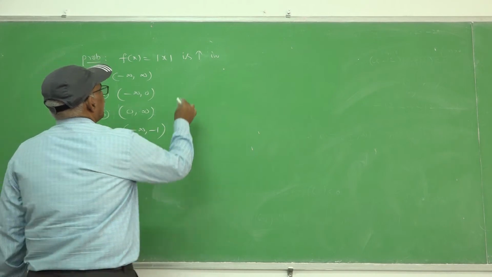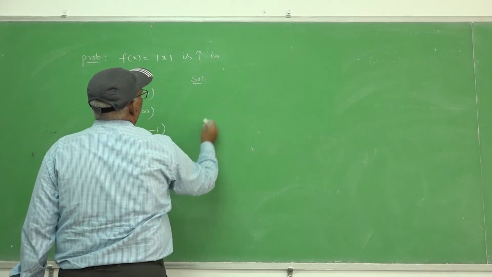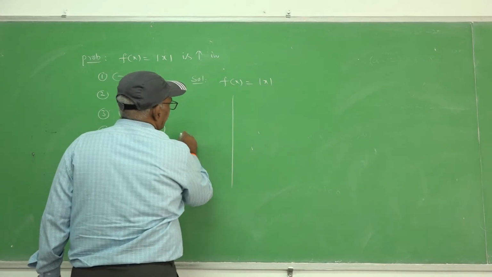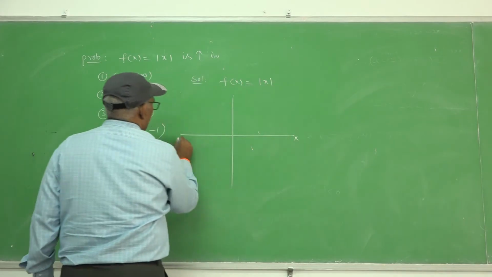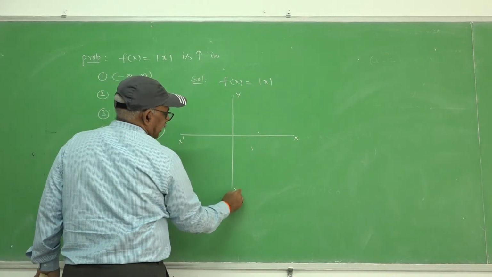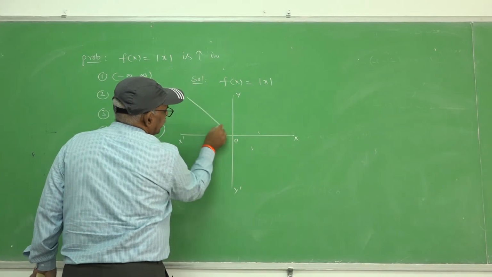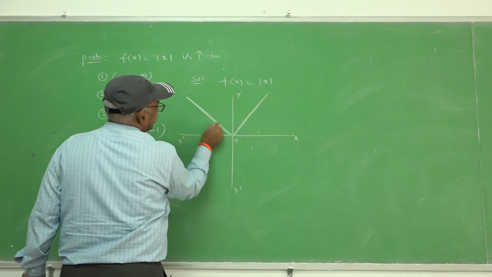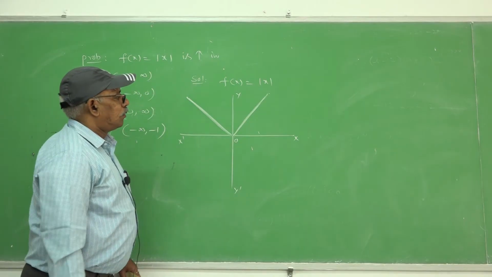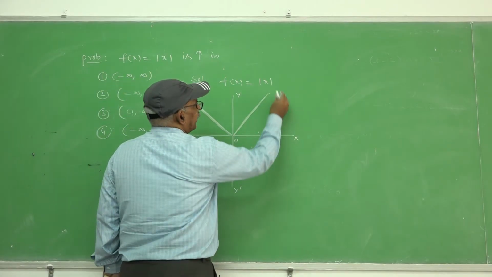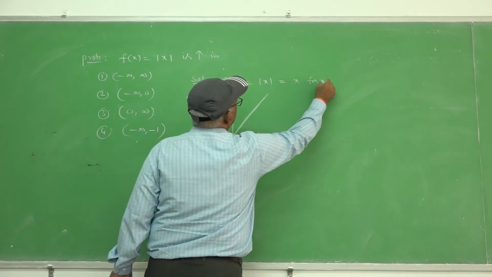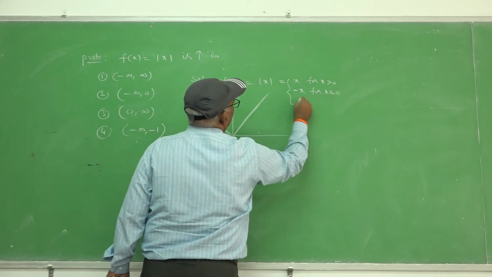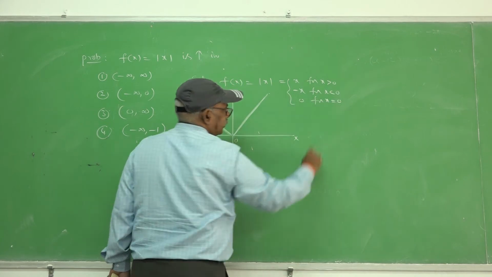I will explain this problem graphically. Given f of x equal to mod x, the graph of mod x is like this. It is in V shape, passing through origin and completely above the x-axis only. This is x for x greater than 0, minus x for x less than 0, and 0 for x equal to 0.